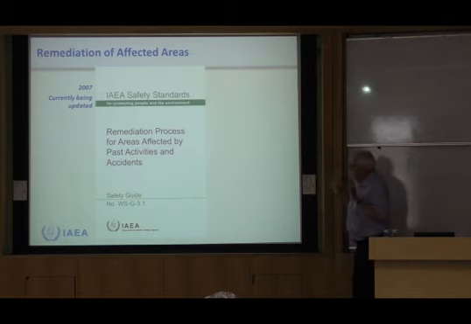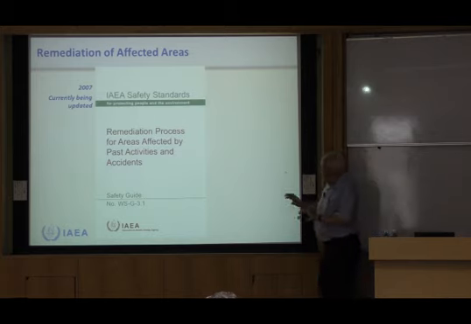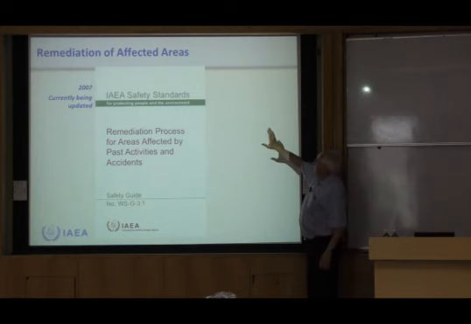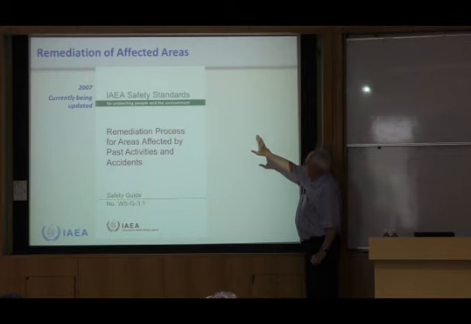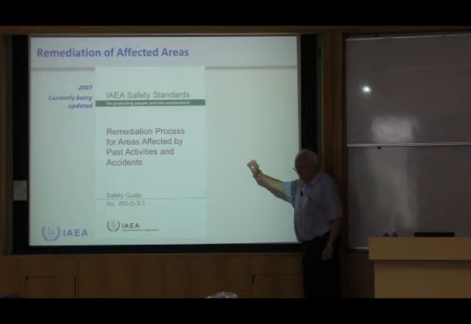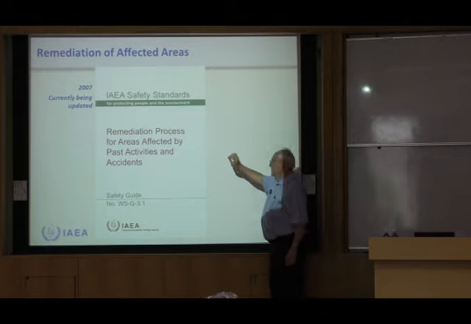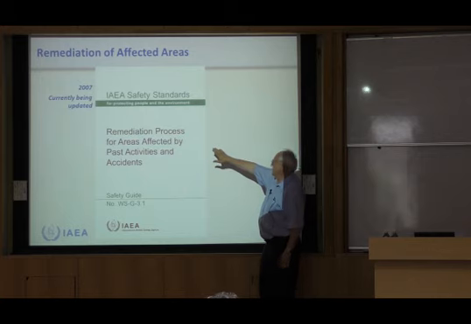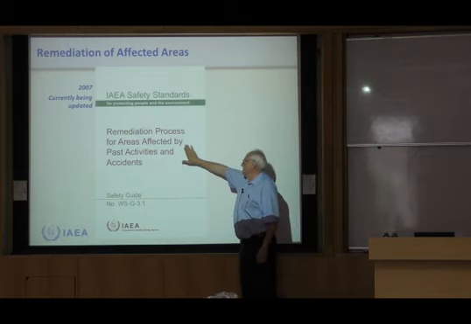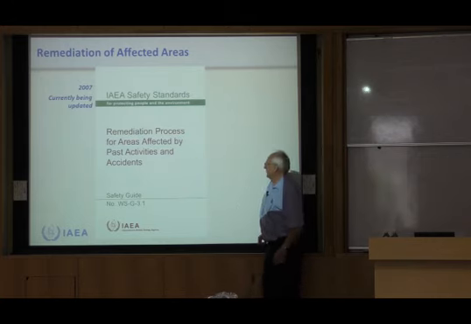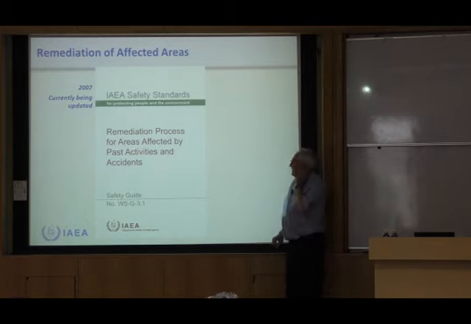Okay, these are some more fundamental things. For example, the IAEA prepares and develops also safety standards for specific problems, for specific issues, topics. And one of them is the remediation process for affected areas, for areas affected by past activities and accidents.